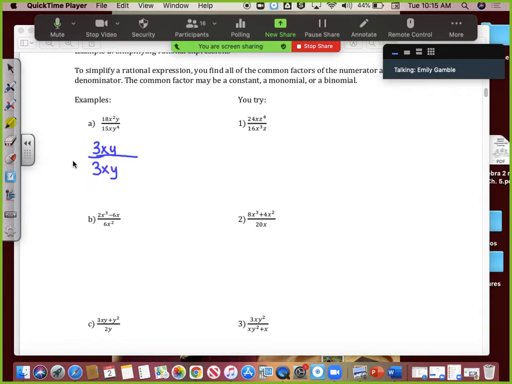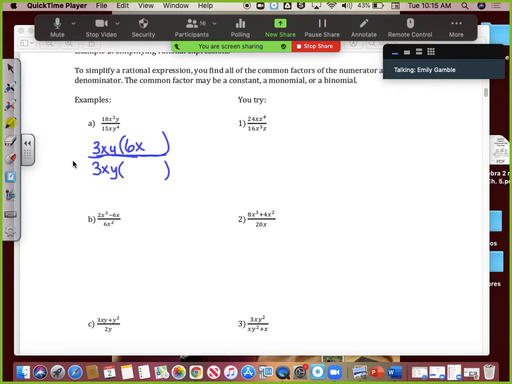So what I'm going to do is take 3xy and factor it out of the numerator and the denominator, because whenever you have the same thing in the numerator and denominator, it can actually cancel out. So when I do that, I'm going to be left with stuff inside of parentheses to still keep it equivalent. So if I take a 3 from 18, I would have a 6 left. If I take 1x from x squared, I have 1x left.